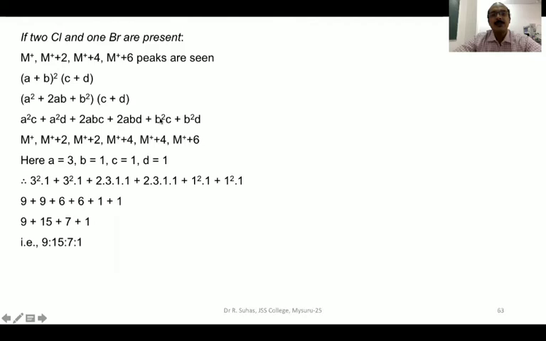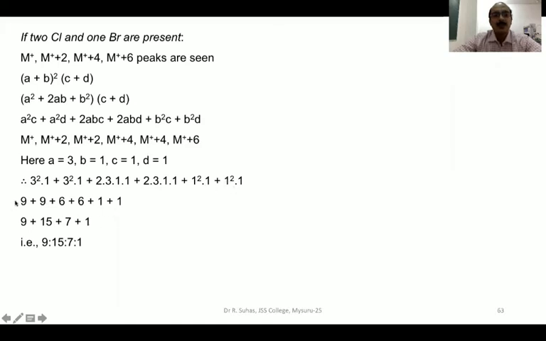B square C: 1 square into 1. B square D: 1 square into 1. When you solve this, you get 9, 9, 6, 6, 1, 1.